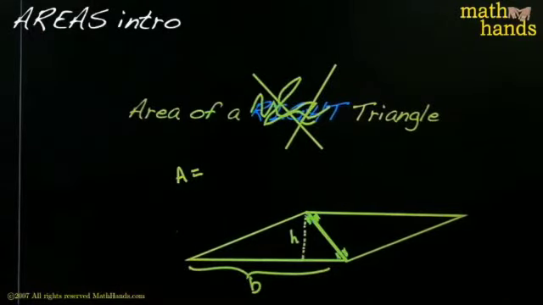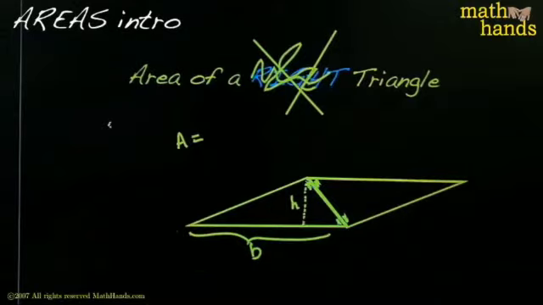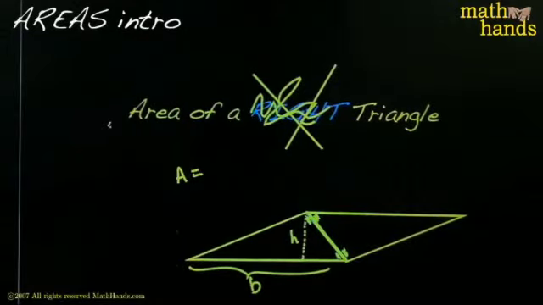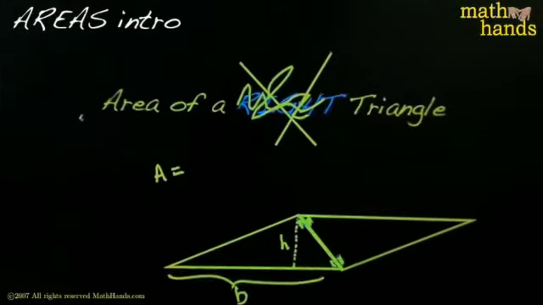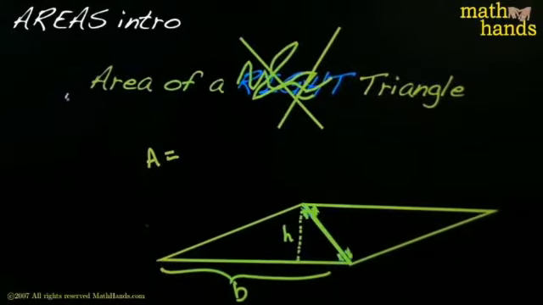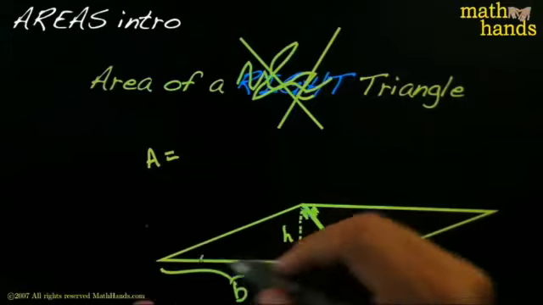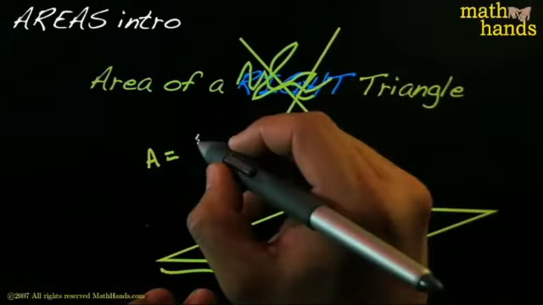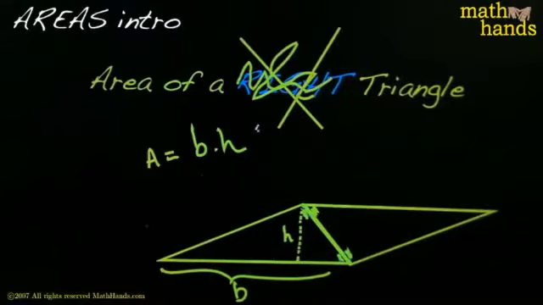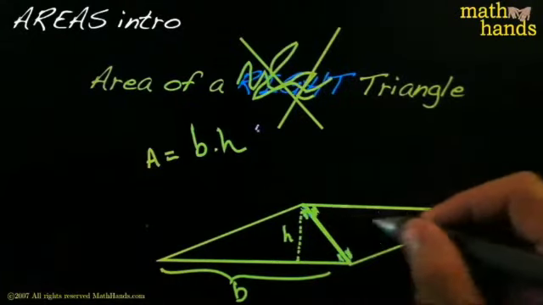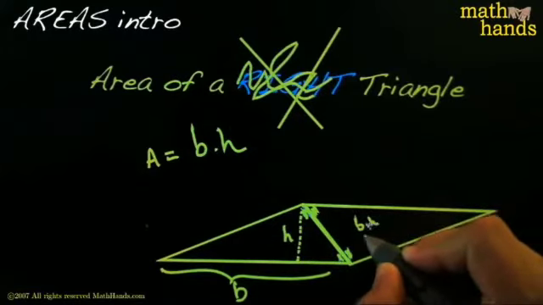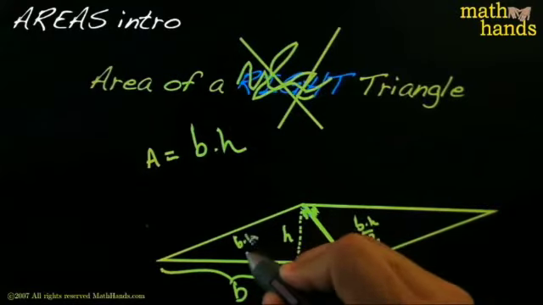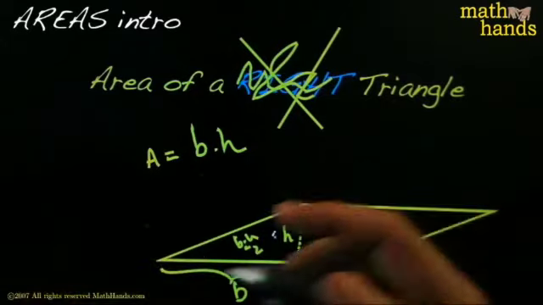So for this one, the area for the parallelogram would be the base times the height. And then I remember, hey, that's fine for the parallelogram, but that means each of these triangles has to be base times height divided by 2. Base times height divided by 2. That's it. So we did it.